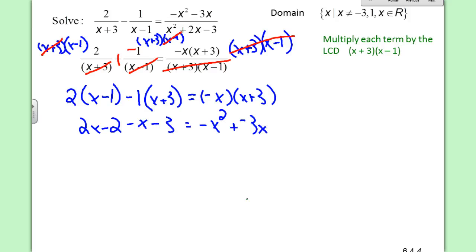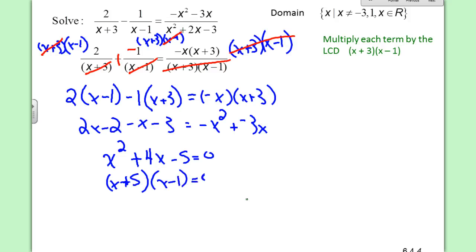I collect my terms together to one side, and over on this side I'm going to have x squared, plus 4x, and minus 5. When I factor that, I get x plus 5, x minus 1, which gives me answers of x equals minus 5 and x equals 1.